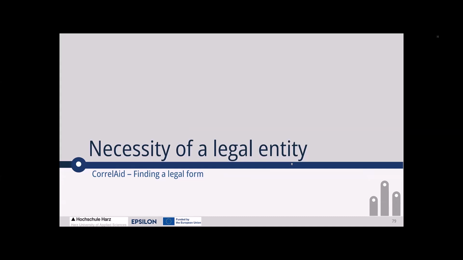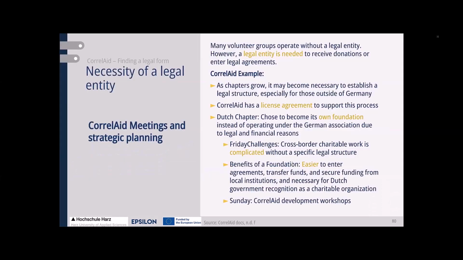Last but not least, we would spend some thoughts on the necessity of a legal entity. As you can see, the CorrelAid network is quite large all over Germany, also in Europe. Now the question is, do they need a legal entity and how do they organize themselves? Normally, the volunteers operate without a legal entity.